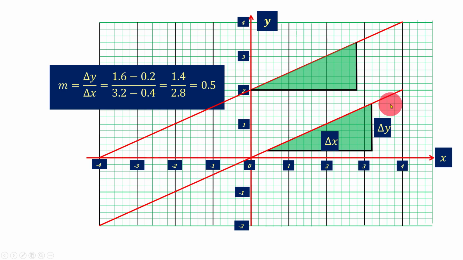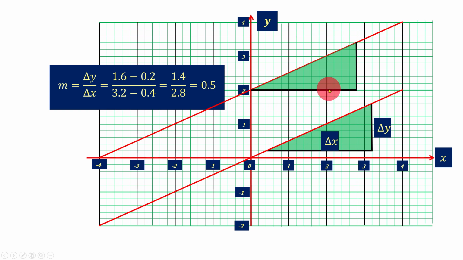The gradient calculated in this quadrant is the same as the gradient calculated in this quadrant. We could even shift this right-angled triangle to start from here in such a way that some values are in this quadrant and some values are in this quadrant.